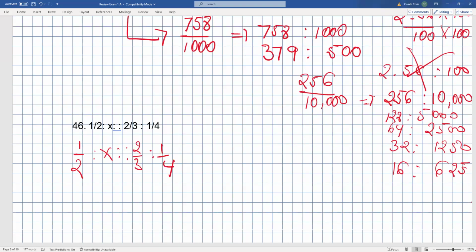This exercise is intended only for those people that have learned how to add, multiply, and divide fractions, and how to convert to decimal and percent. So now we're going to multiply extreme with extreme. So we're going to have 1/2 multiply 1/4. You have your proportion sign. You put 1 under x. So you're going to multiply x with 2. So now you're going to have 2x over 3.